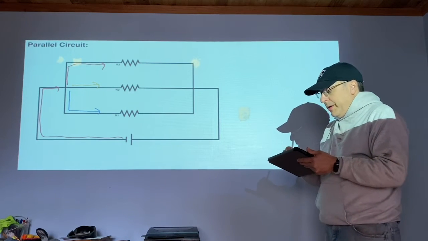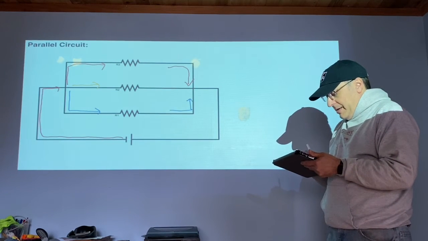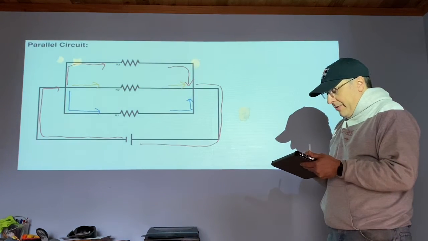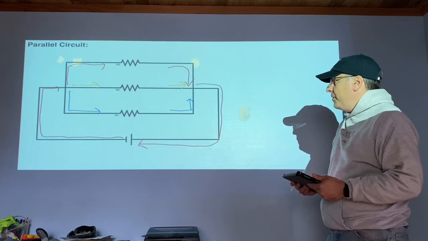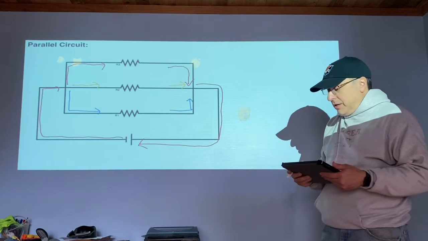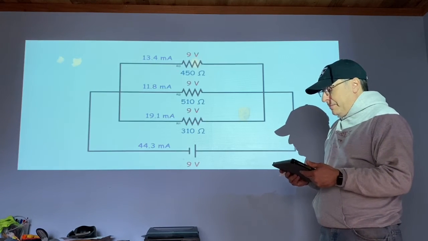They will all join back up again eventually and return back into the battery. But there are multiple paths that the electrons can follow, and that is the definition of a parallel circuit: a circuit in which there are multiple paths for the electrons to follow.